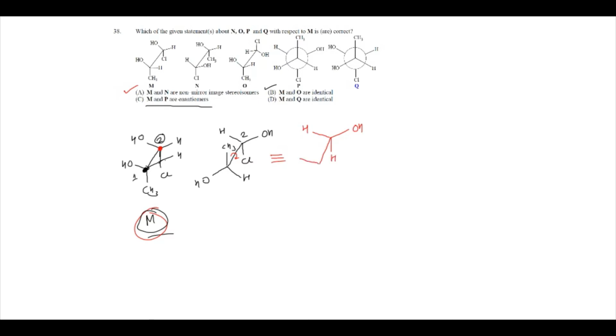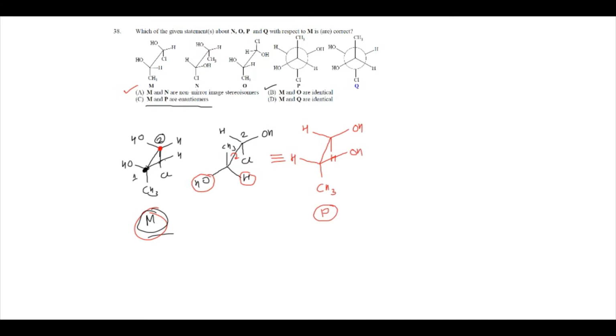Here we have the new positions. CH3 will come down after the rotation. This H is going to come here, and this OH is going to come here. So now this is the new P, or the old P in a new way.